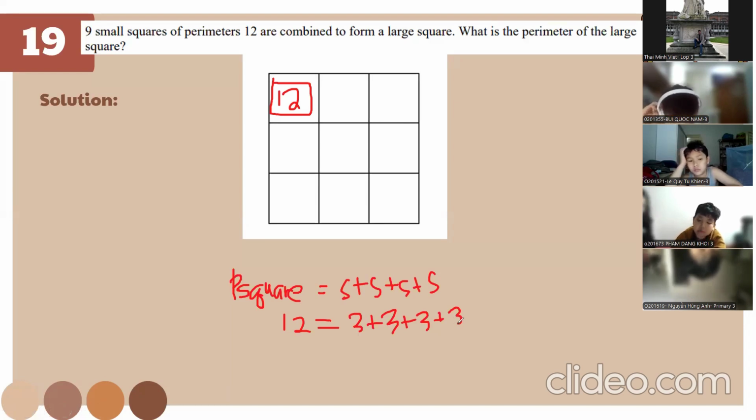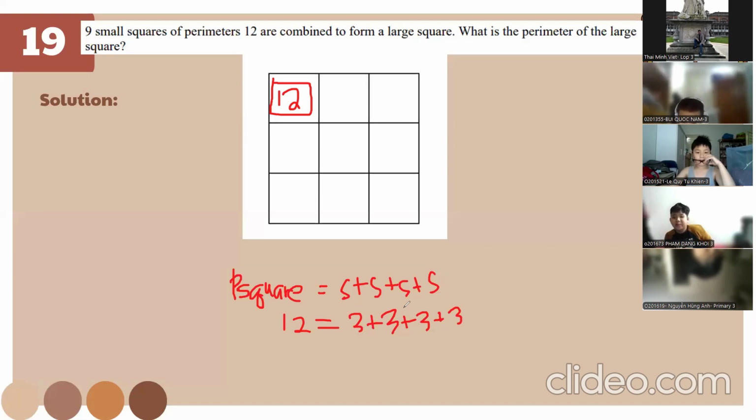So, for this one, since this is 9 small squares, this is 3, 3, 6, 9. Wait. 12 divided by 4. We'll have 3.